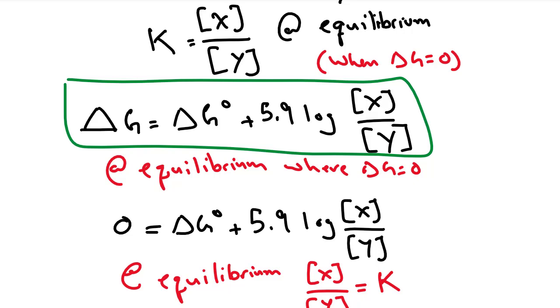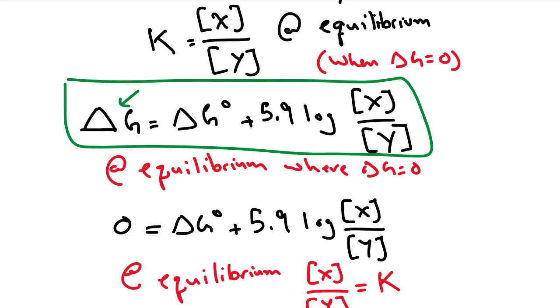Well, if you know delta G standard, you know that at equilibrium, delta G will be 0 and the log of x over y will equal the equilibrium constant. So you basically get rid of delta G because you set this to 0 right here. And then you plug in your delta G standard and solve for x over y, which is your equilibrium constant.